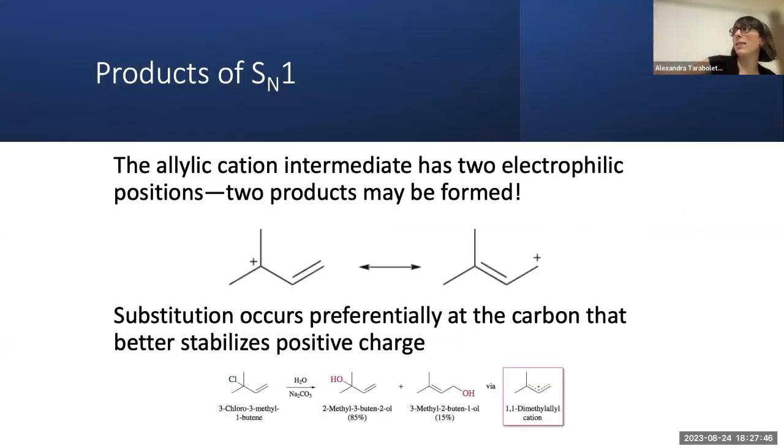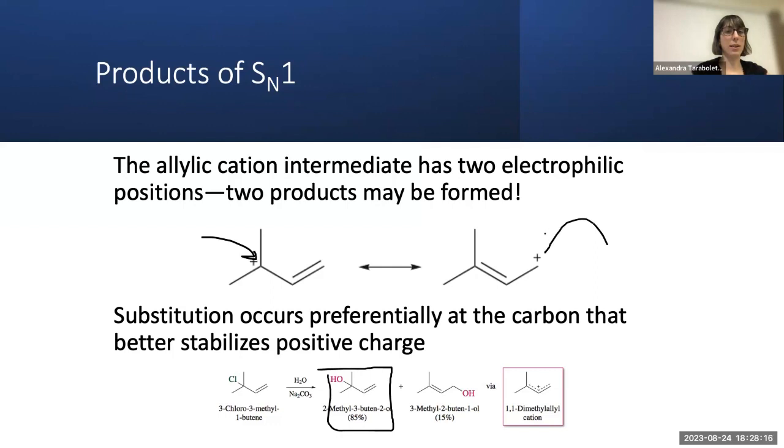And like I said, that particular example notes that there are two products that could be formed. You could substitute out your chlorine, and in this example that they're showing at the bottom, the new incoming group is an alcohol. So you could add an alcohol essentially right here, or you could add the alcohol on the end right here.